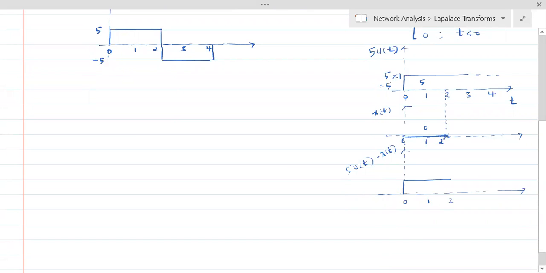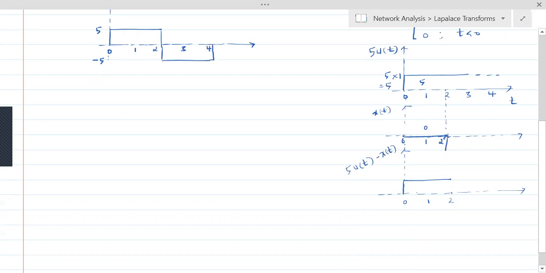Suppose I have minus 5 here, what would be the signal at 2? It would be 5 minus 5, which is 0. It will come and stop here. But I need a signal which would go beyond that. Understand that?